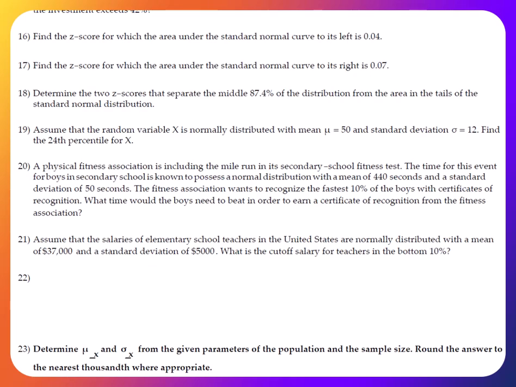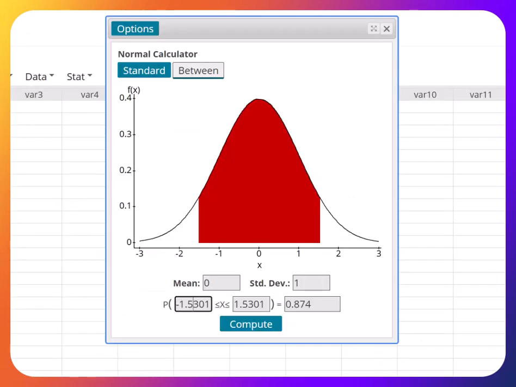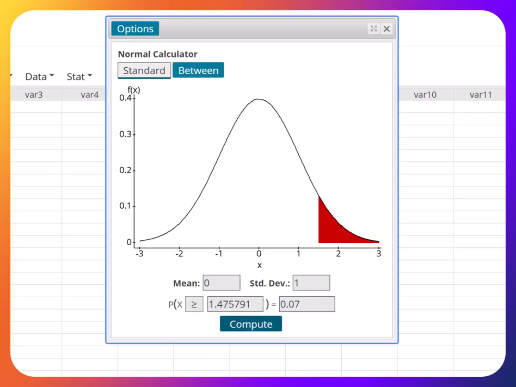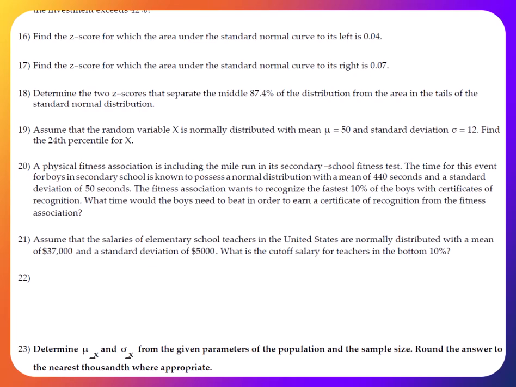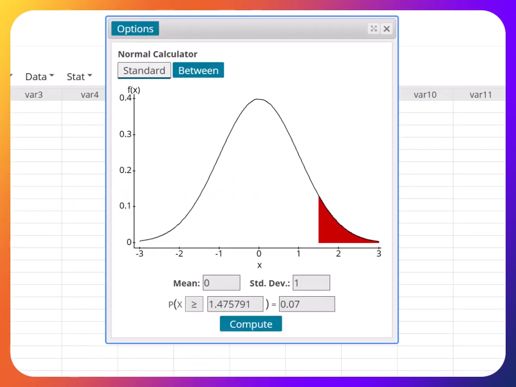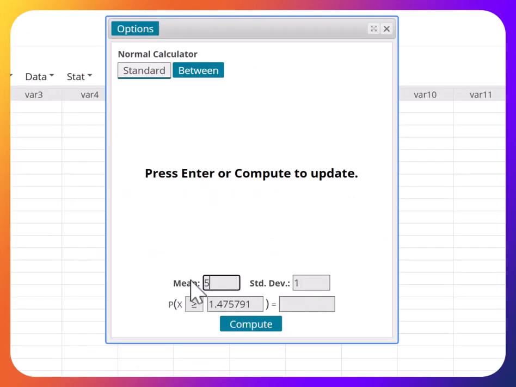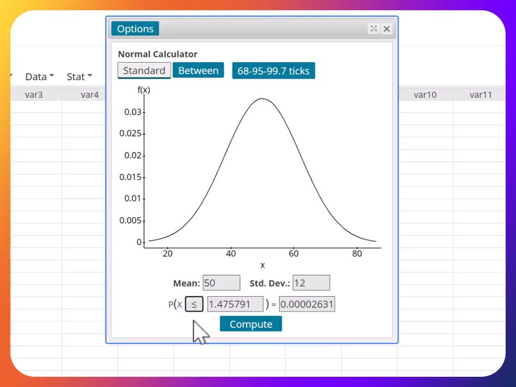Here's how you do it. Just go back to StatCrunch. Okay, we go to standard, and I forgot what the mean and standard deviation were. The mean was 50 and the standard deviation is 12. So 50, 12, area to the left, I have to do less than, and I have to put the 0.24 right here.